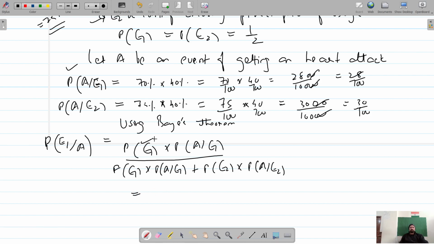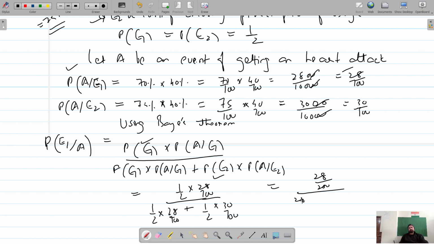So the probability of E1 is half and A by E1 is 28 by 100. So it's once again half into 28 by 100 plus probability of E2 is half and it's 30 by 100. So this gives me 28 by 200 upon 28 by 200 plus 30 by 200.